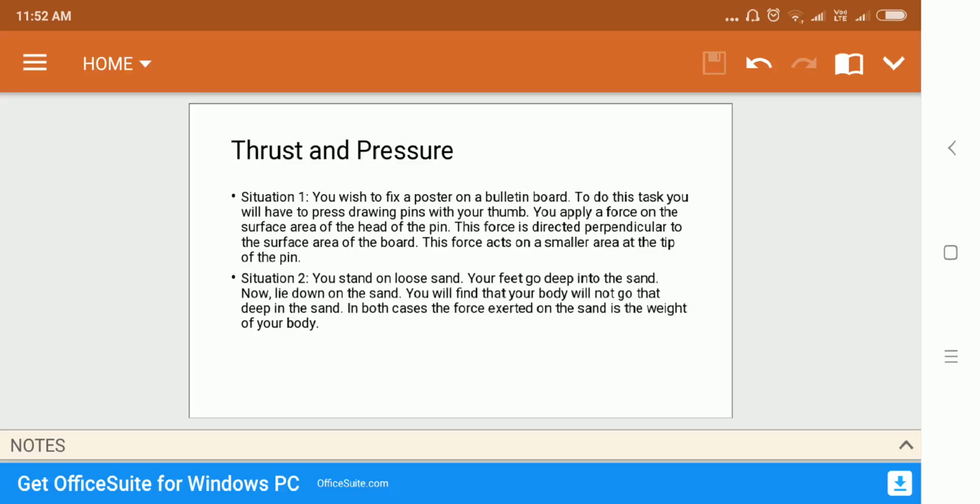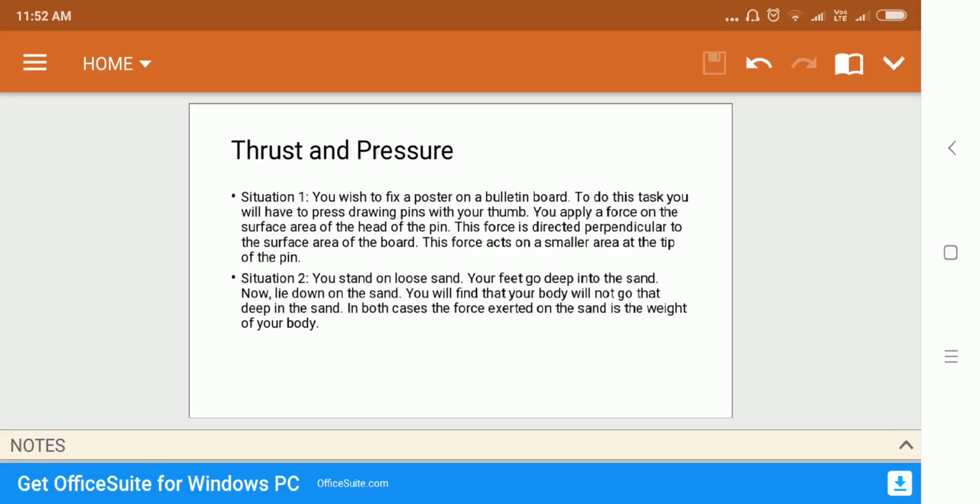In both cases, the force exerted on the sand is the same, based on the weight of your body. But while standing on your feet you go much deeper into the sand compared to when you lie down on the sand.